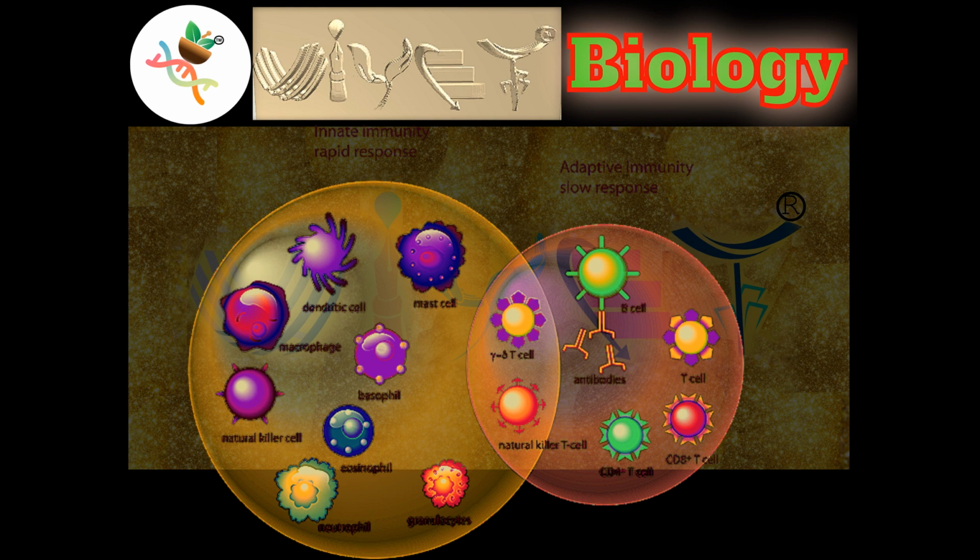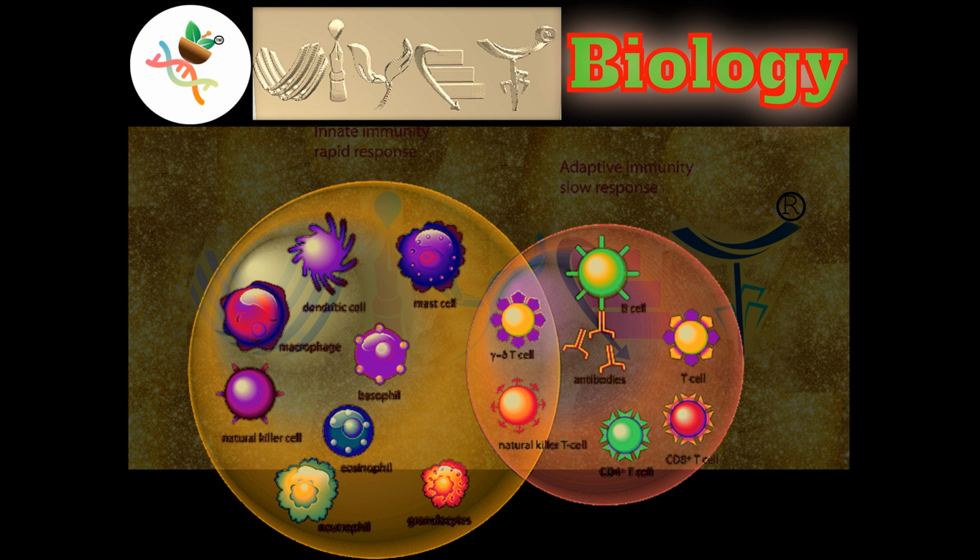These two cells have the power to kill any kind of virus, and that is why we can see that some people survive very long even with HIV. Some people do not. So these two special immunity cells play a big role in that.